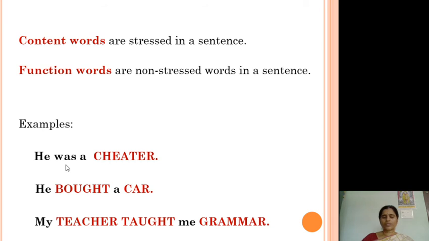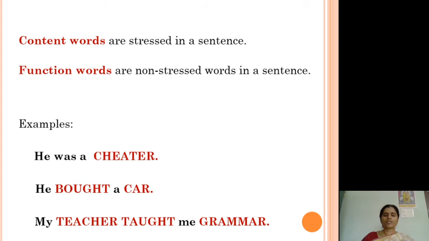When I'm speaking this sentence, I'm putting a little stress on this content word, and I'm trying to pronounce the other words lightly. He was a cheater. When I come to that particular word cheater, I put a little stress because it's a content word. And this cheater is a noun and it comes under content words.